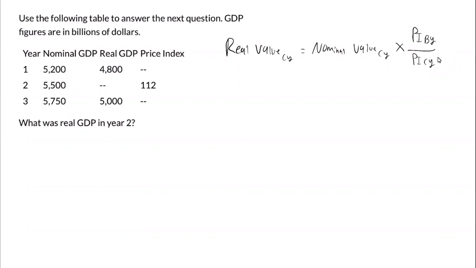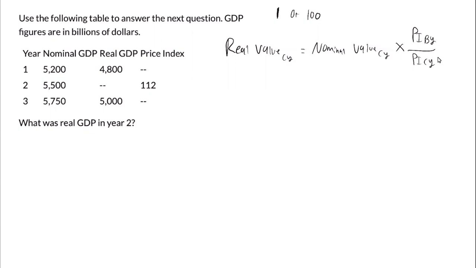Typically that's always going to be either 100 or 1, depending upon how we look at our price index. Remember, the price index can be represented by either a 1 or 100, and you can use either notation.